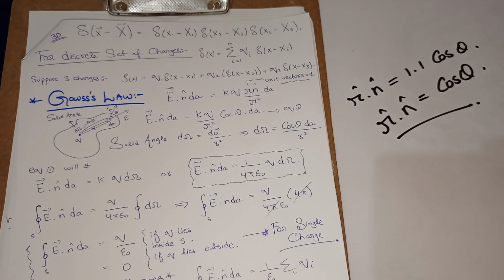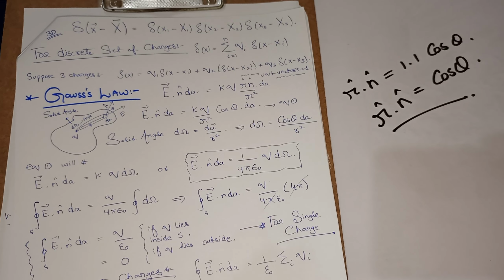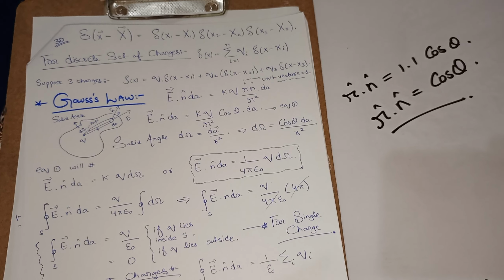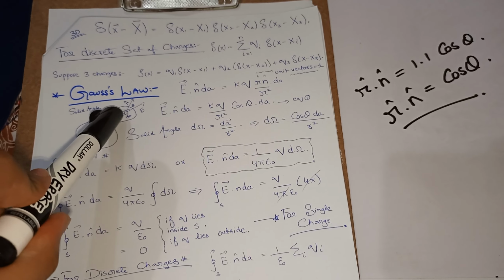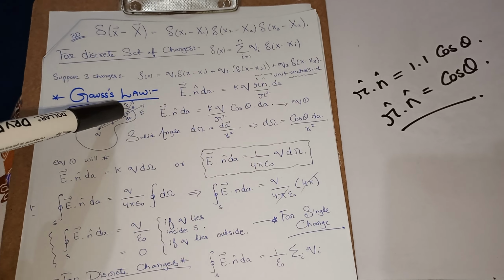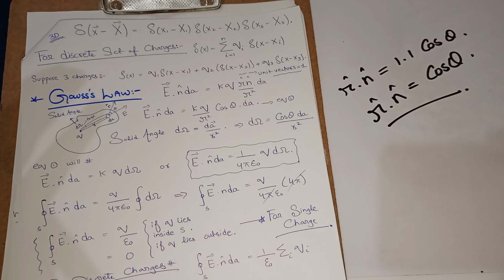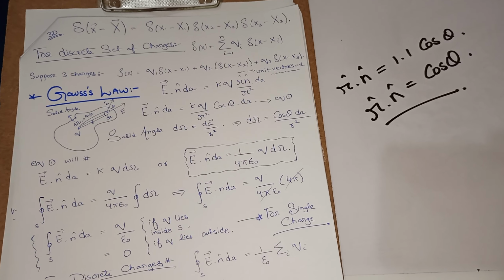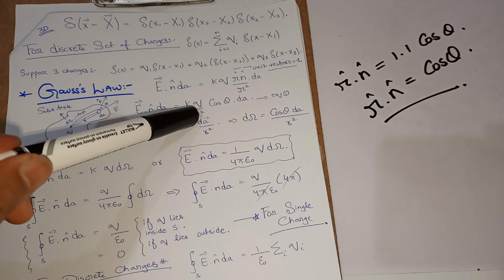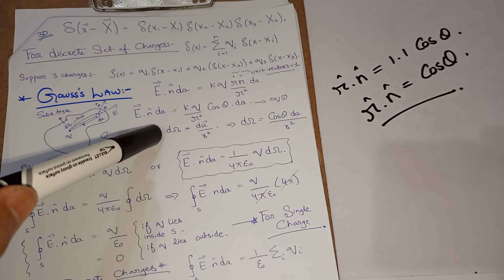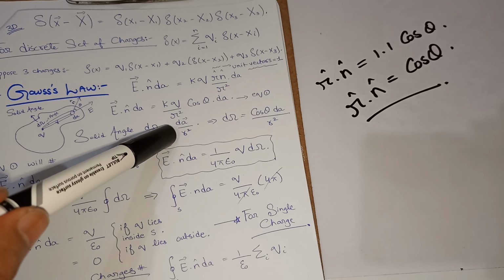Solid angle is basically the unit area from which the field is passing out of that body, divided by the square of that distance. You know the unit area is dA, and the square of the distance is r square. So your d omega, the solid angle, becomes equal to dA divided by r square.